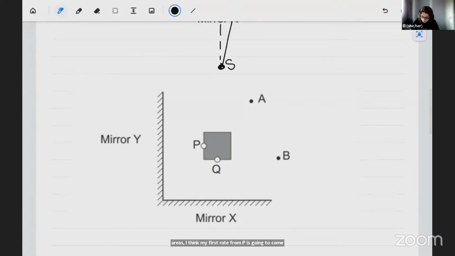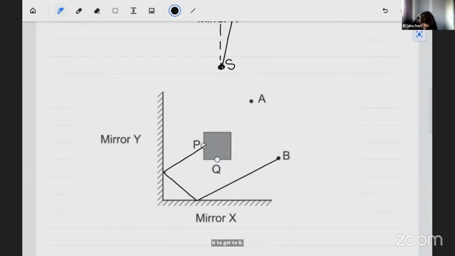So if I try and sketch down to about halfway down between like this. So my ray is going to go down to hit mirror Y and then similarly reflect off mirror X. And then I need it to get to B. So let's try and sketch that on.